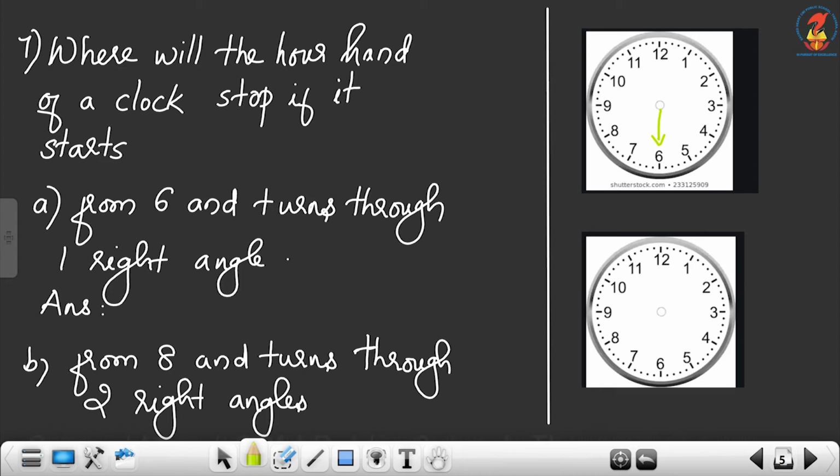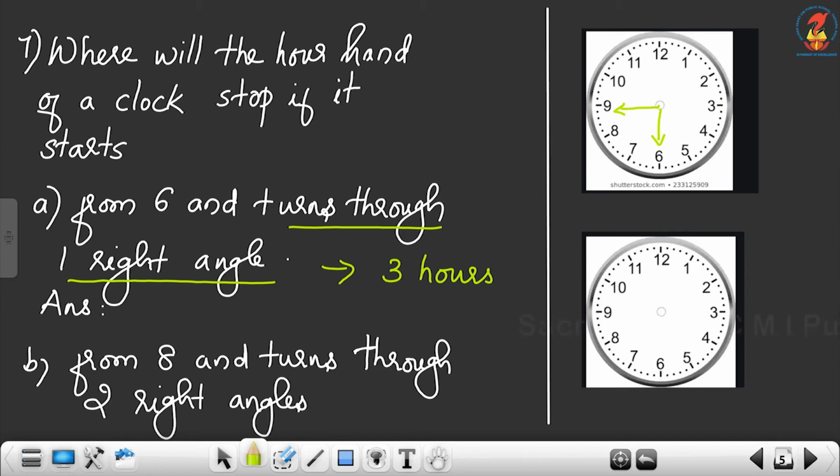If the hour hand turns through one right angle, the hour hand will cover 3 hours. Therefore, from 6 you can count 3 hours: 1, 2, 3. So it will reach 9.